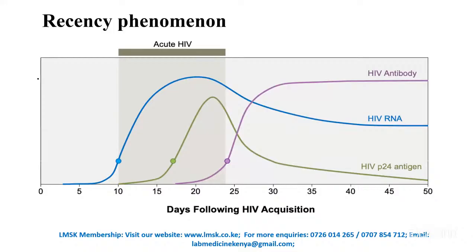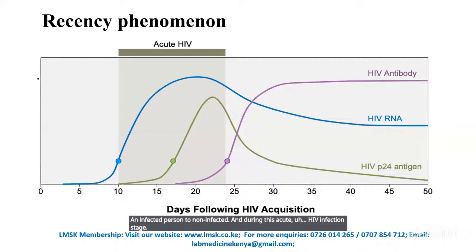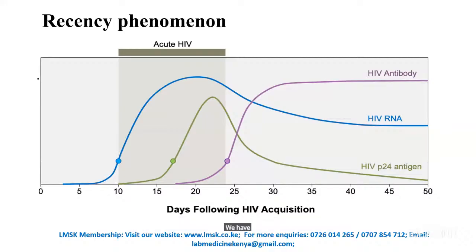Then we have the recency phenomenon. When we talk of acute HIV, this is the phase where there is dissemination of the virus from an infected person to non-infected. During this acute HIV infection stage, the virus introduced into the infected person is disseminated, giving rise to HIV RNA.